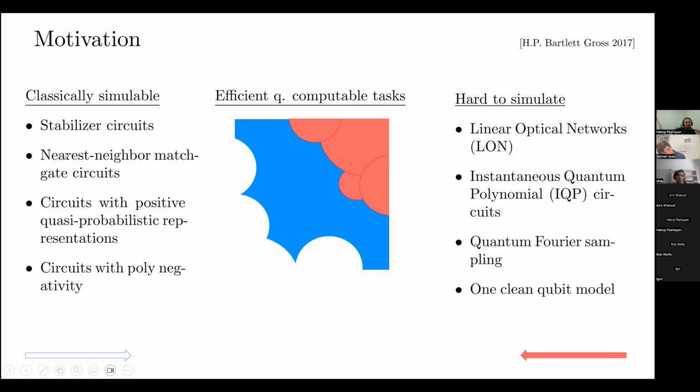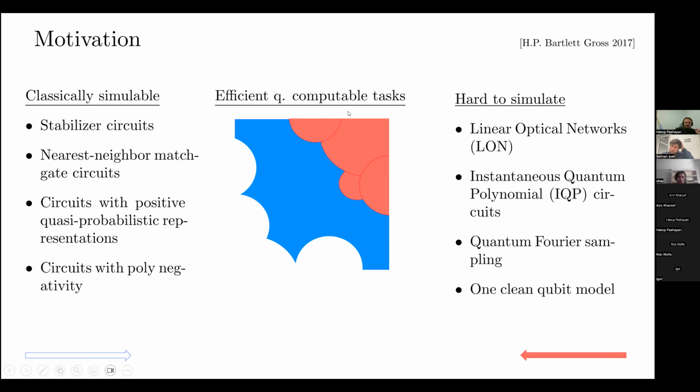So things like stabilizer circuits, nearest-neighbor matchgate circuits, circuits with positive quasiprobabilistic representations, and so on. Each of these is a classical simulator that takes a chunk out of this set of quantum tasks that's quantum solvable. You could think of these as things that are removed that are not interesting, that don't have superclassical computational power. At least we'd like to think of them this way.